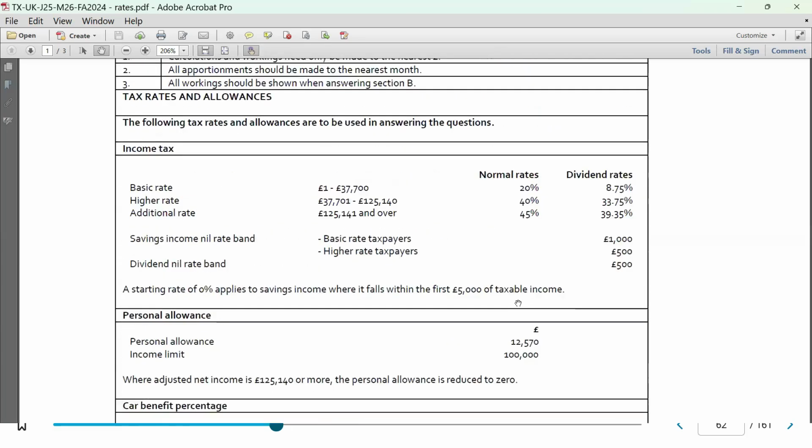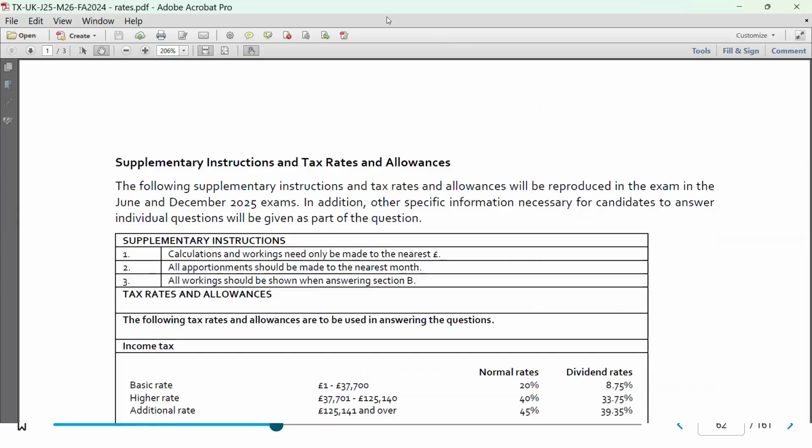However, when you look at your study text, let me just open that for you. It's good that you have raised this question. I will explain the whole thing so that it becomes easier for you to understand and apply in the exam.